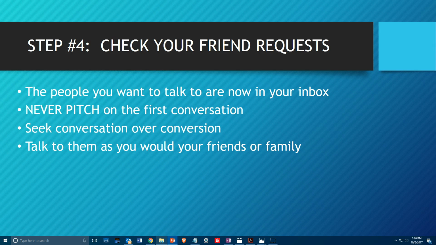Nobody will ever accept a marriage proposal at first encounter. So you want to talk to them as you would your friends or family. Get to know them, get to know what they are about, what are their hopes and dreams. Maybe check out their fan page or their own personal profile, and comment on some things.